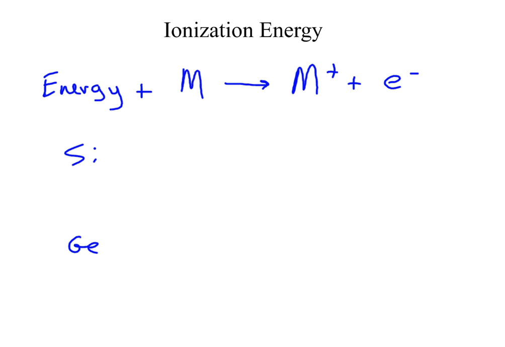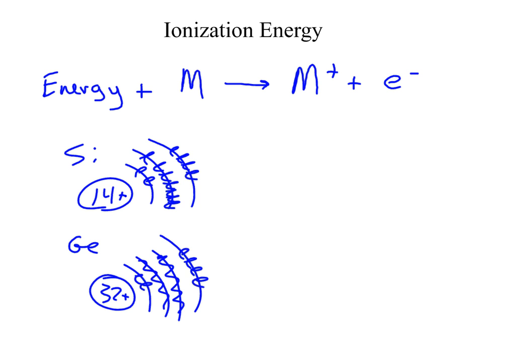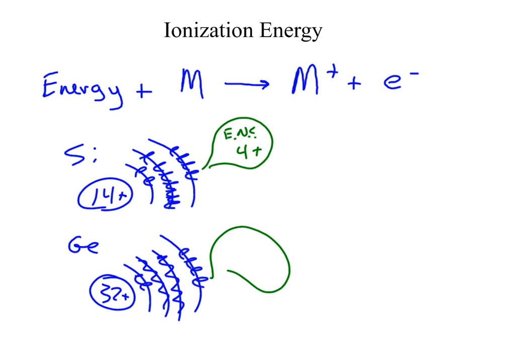So for silicon, we'll draw our structures, so we have our diagrams to help us explain the relationship here. We have our effective nuclear charge, 4 plus for the silicon, 4 plus for the germanium, and our principal energy levels.